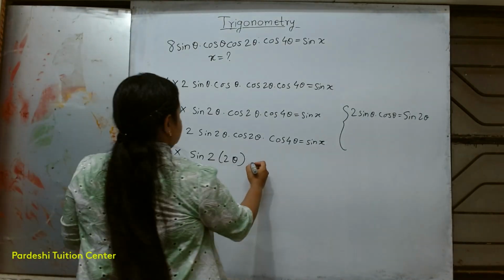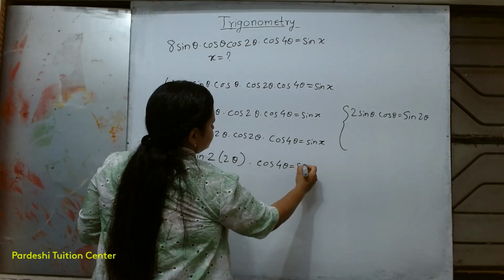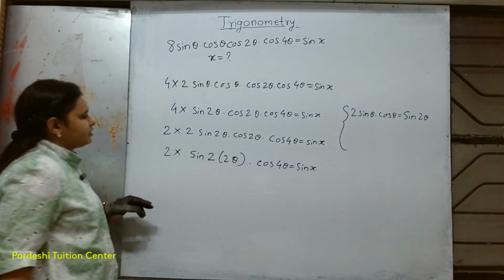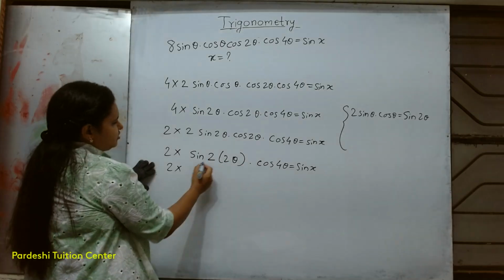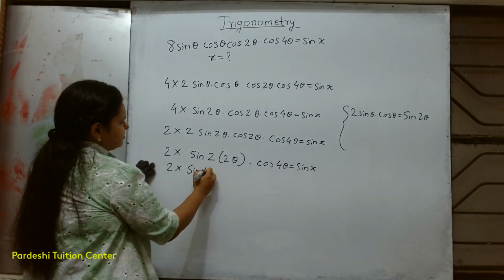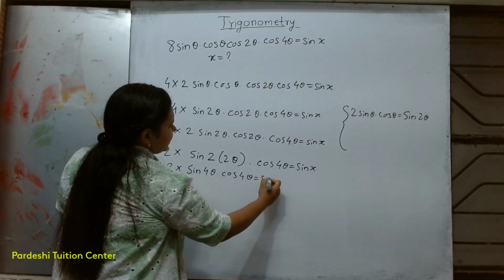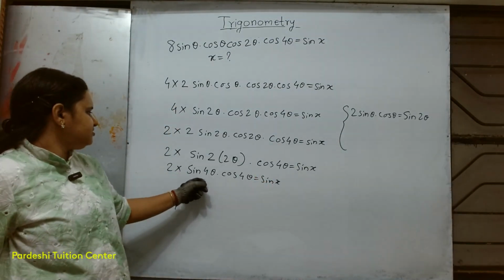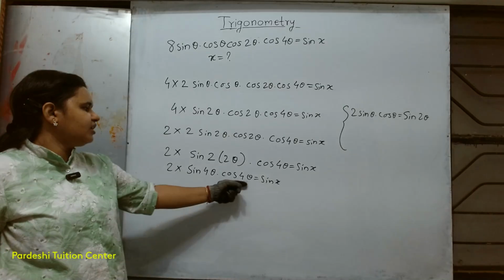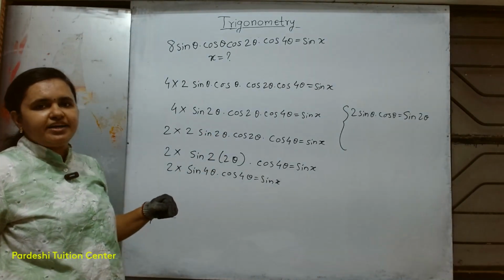Okay. Again what is remaining? Cos 4 theta. So again it will be 2 to the 4, sin 4 theta into cos 4 theta equals to sin x. Now again it is 2 sin 4 theta cos 4 theta. Formula for 2 sin theta cos theta is sin 2 theta.